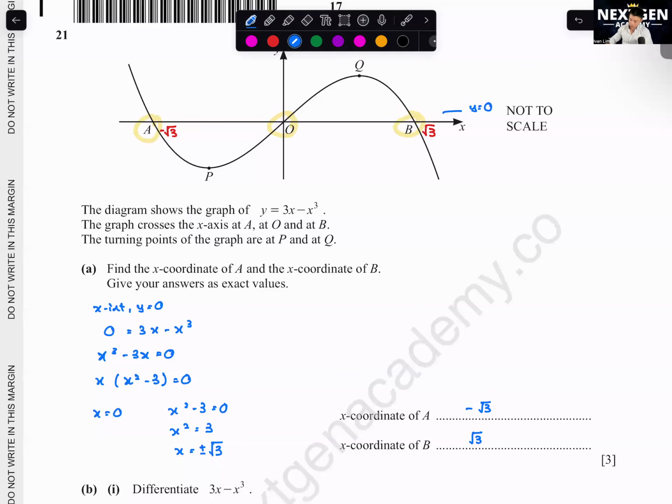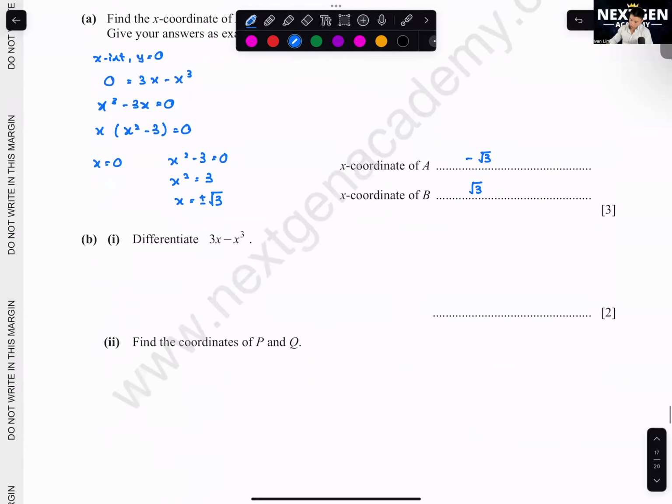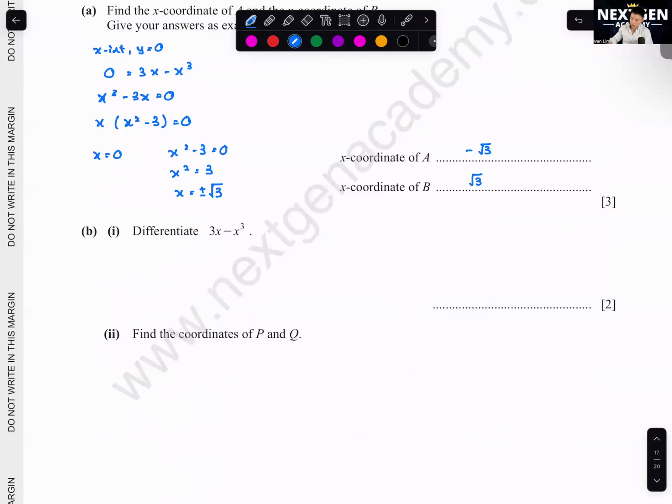Okay, let's go to the next one. Question B1, differentiate. Okay, differentiate means you do dy over dx. Okay, let's say this is y. So this is 3 minus 3x squared. You multiply power, minus 1.